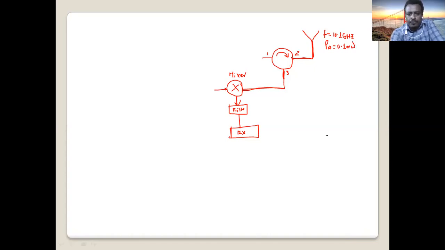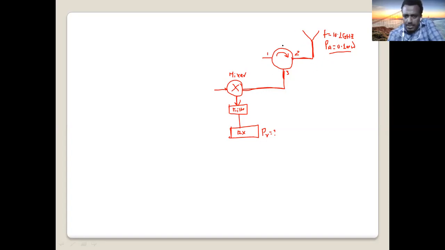Okay, so the question is how much power reaches the receiver, PR? It's always better to convert milliwatt into dBm. Once you convert it, it will be easy, because it will be just summation and subtraction.